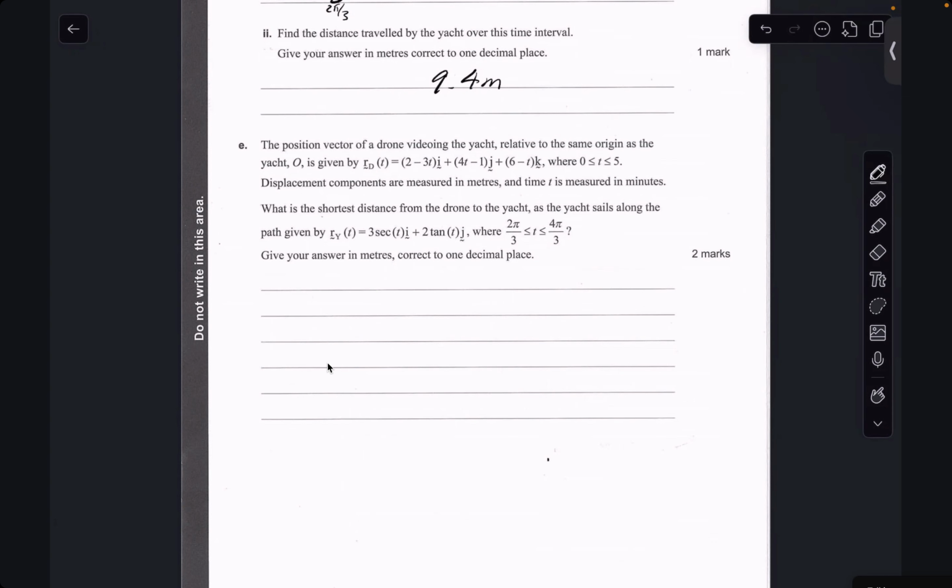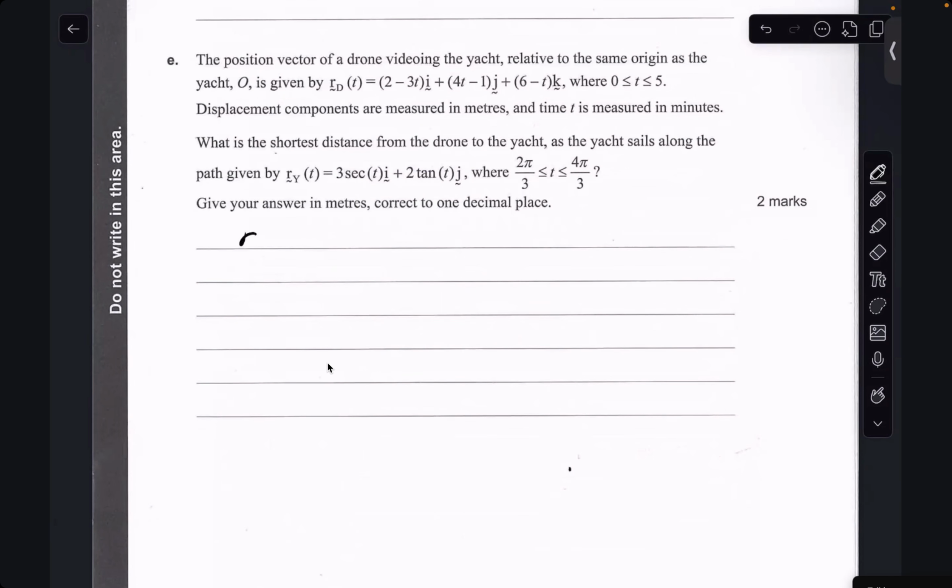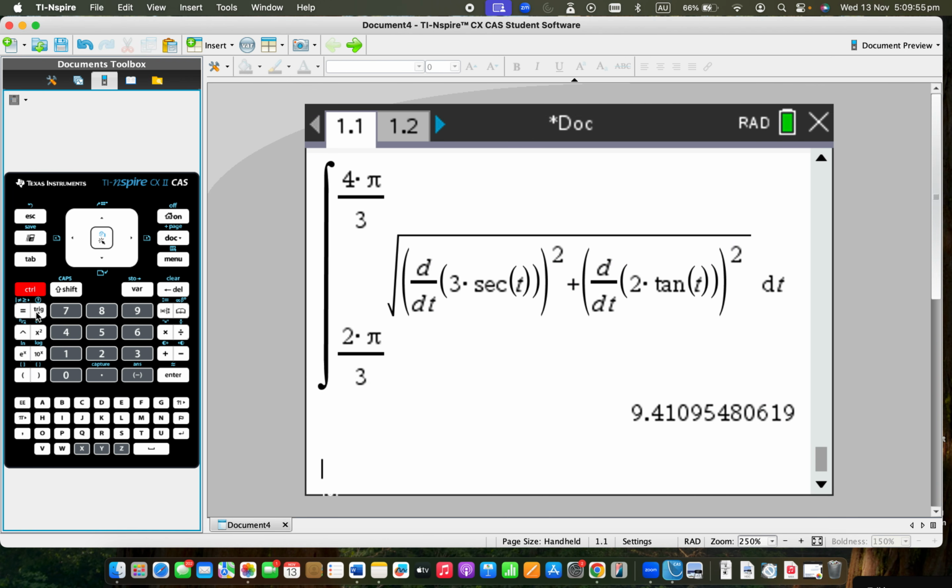So what we can do is we can do RD minus RY, the magnitude of that, and find the minimum. So let me just define. RD is 2 minus 3t, comma, 4t minus 1, comma, 6 minus t. That's RD.